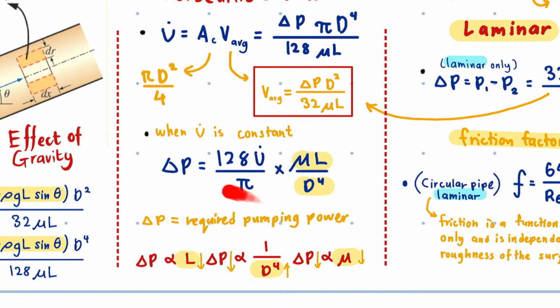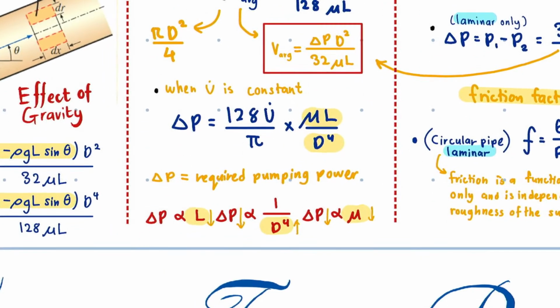Okay, so this is the pressure drop and this is the equation. From there we can conclude that the pressure drop is directly proportional to the length of the pipe.